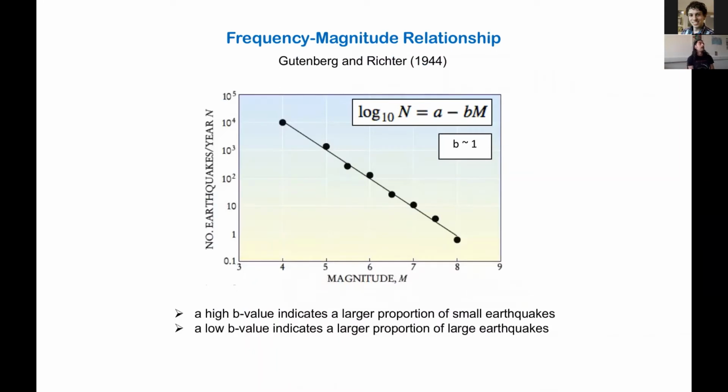So what is the b-value? The b-value comes from the frequency magnitude relationship defined by Gutenberg and Richter.